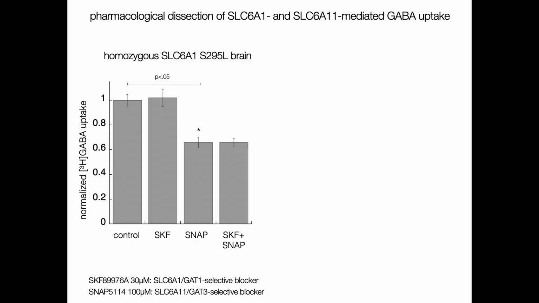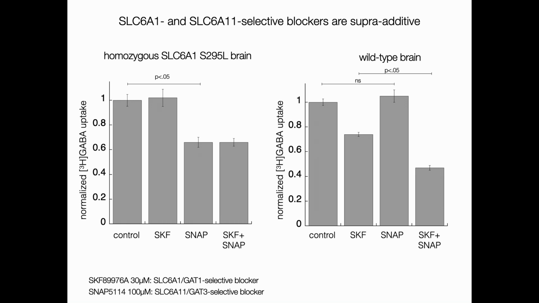So compare what we see here to what we see in the wild type brain. What you can see here is what I showed you before. SKF blocks about 30% of the total uptake in the wild type brain. SNAP, the GAT3 or SLC6A11 blocker, doesn't block any GABA uptake, which is completely different from what we see in the homozygous animal.